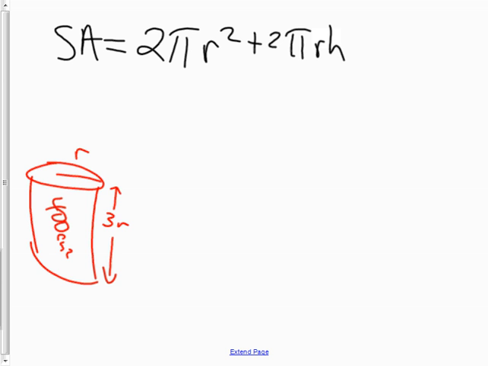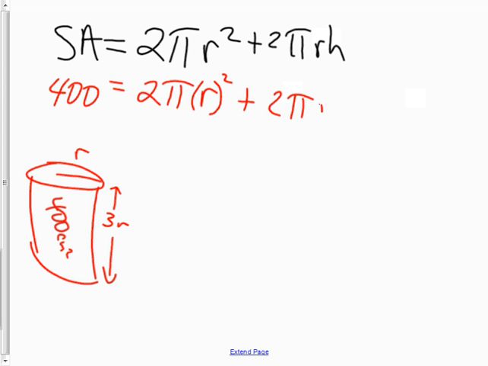And you should have said 400 for the surface area equals 2 is still 2, pi is still pi, r is still r squared, plus 2 is still 2, pi is still pi, r is still r, but h cannot be just an h. Otherwise, your equation would not be in terms of r. So all I got to do is put in, instead of h, 3r. I hope you found that one to be easy, because that's about as easy as I can make it. Any questions on that one? You get it? If you solved that equation, you would have the answer for r.